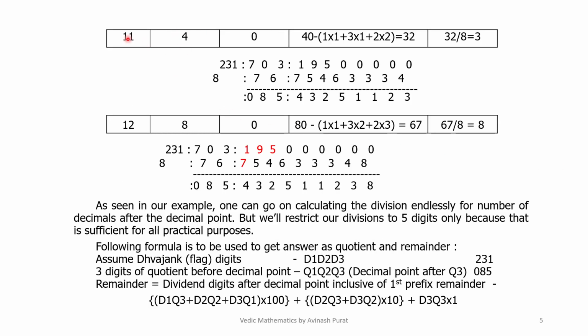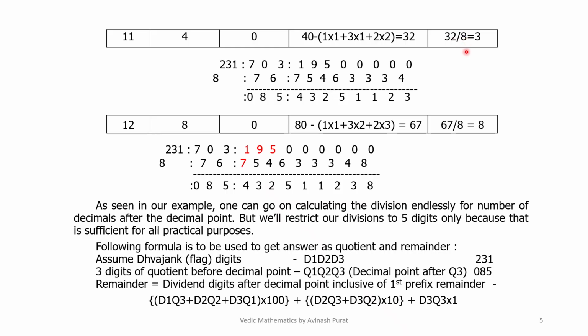So 11th step, 4 is the remainder, 0 is dividend. So 40 minus 1 into 1 plus 3 into 1 plus 2 into 2, that gives us dividend of 32.